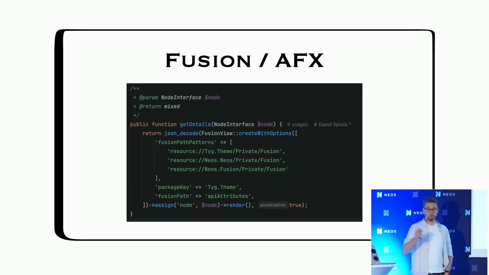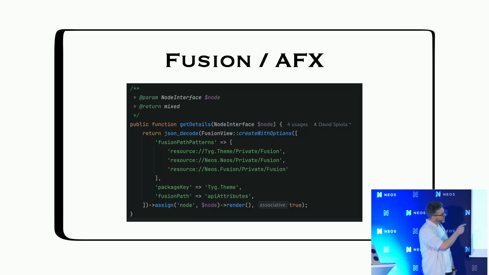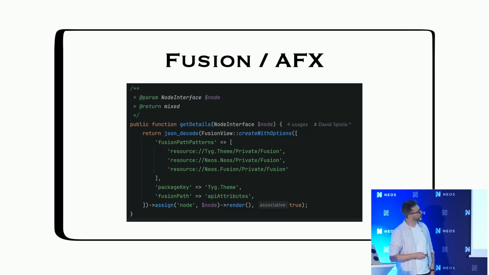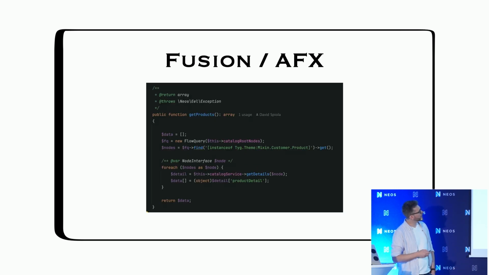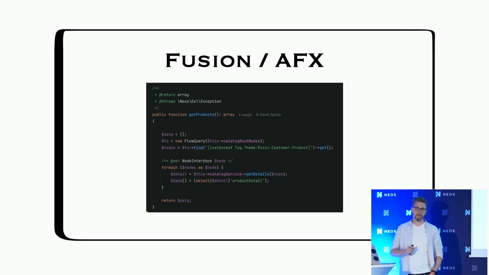That's basically a PHP function in this case, where you can create a Fusion view within PHP, where you can actually render everything as a string. And then at the bottom, we assign it to an MVC controller. And at the end, we have some GraphQL endpoint. This is the wrong slide, isn't it? One second.